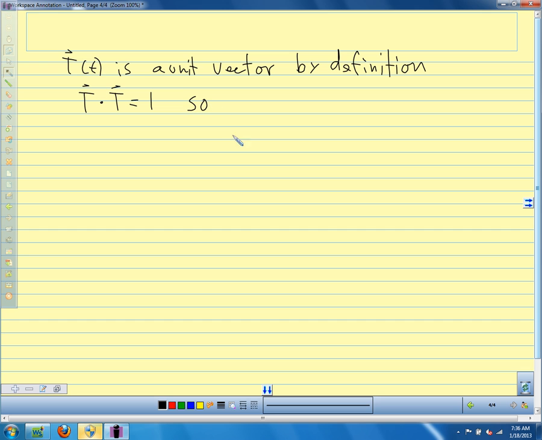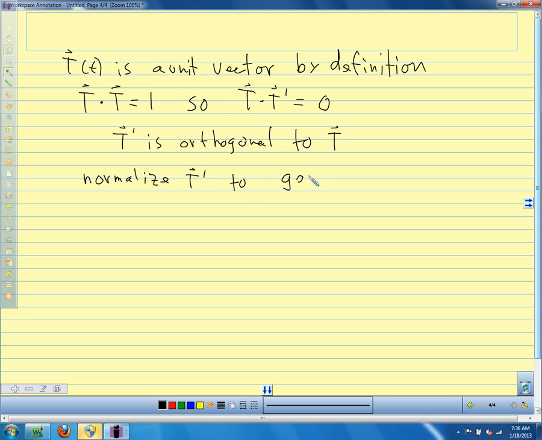So using the little proof that we just did, T dot T prime has to be 0. So then T prime is orthogonal to our unit tangent vector. And then what we do is we normalize T prime to get what we call our principal unit normal vector.